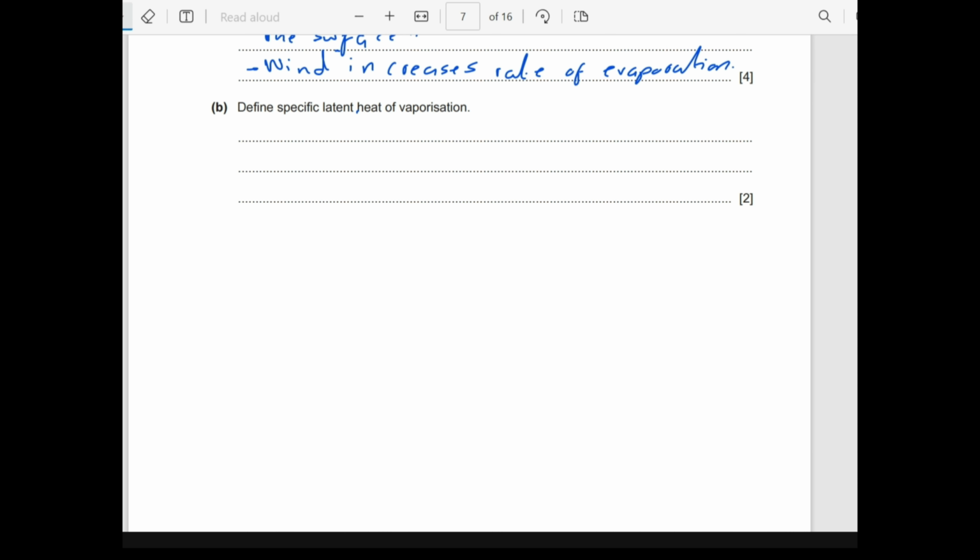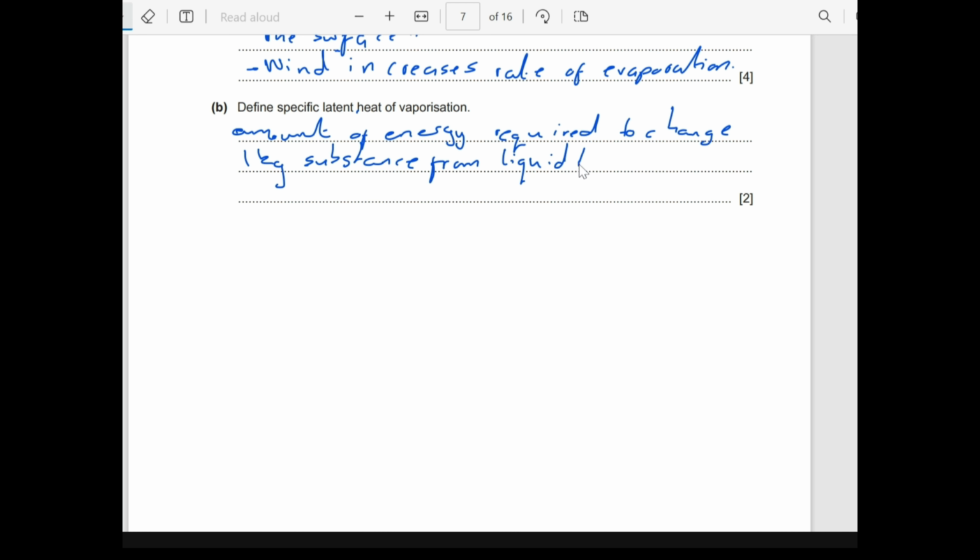Specific latent heat of vaporization is the amount of energy required to change 1 kg of substance from liquid to gas at a constant temperature.